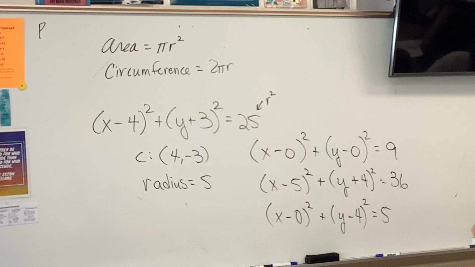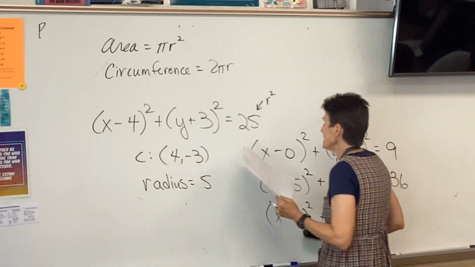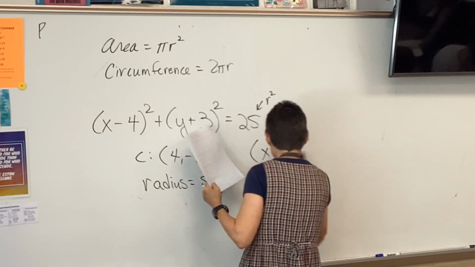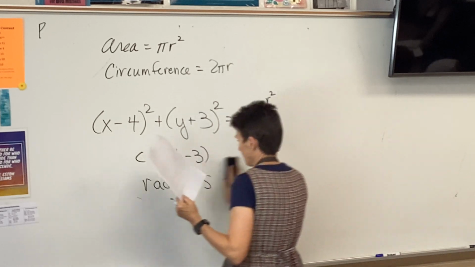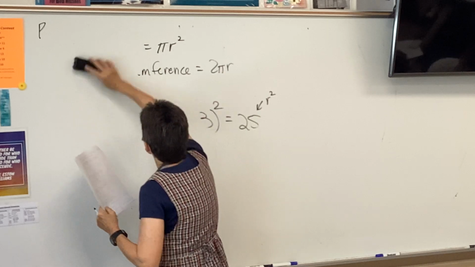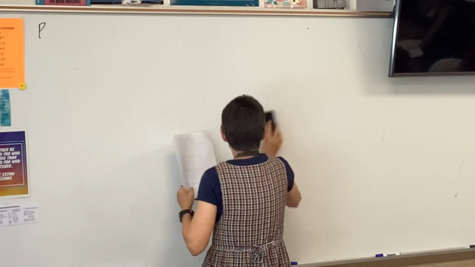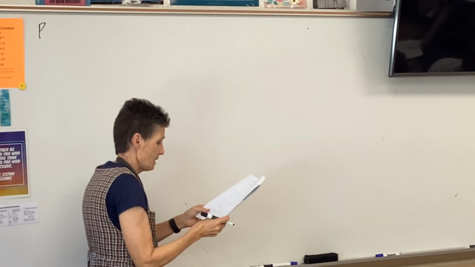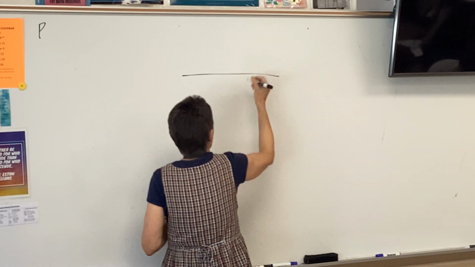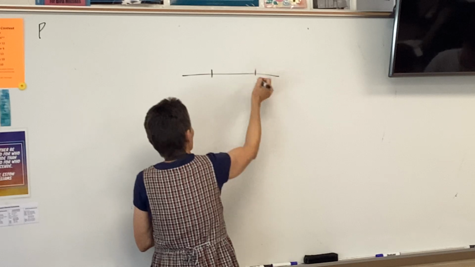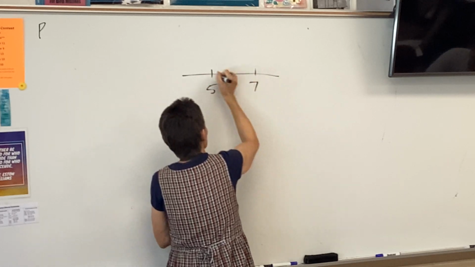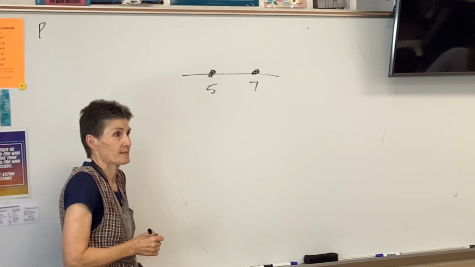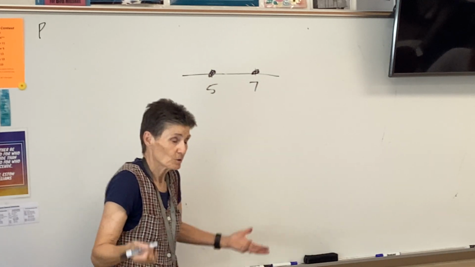All right, write using absolute value. Now this is probably new to you. I don't think you guys did this last year. So let me just back up a second. This isn't in the notes, just look up here for a second. If I said to you, what is the distance between those 2 points? You would all say 2.